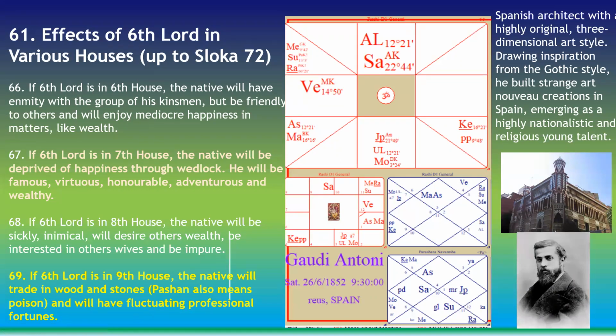Actually, it's a very good combination, because ideally you want the 12th house, 6th house, and the 8th lords, all the lords of these going into each other's houses. That means you have a fantastic yoga.